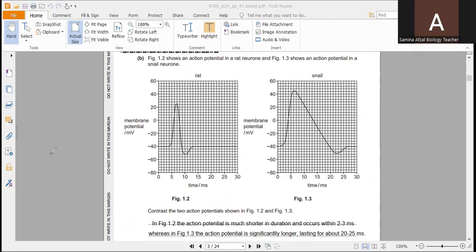The question is: contrast the two action potentials shown in figure 1.2 and figure 1.3.